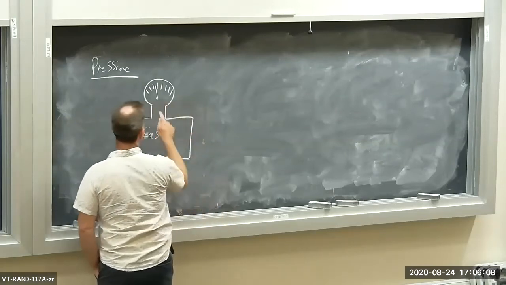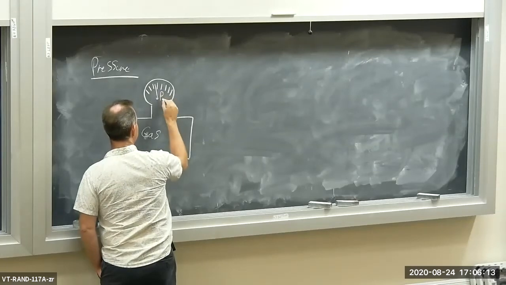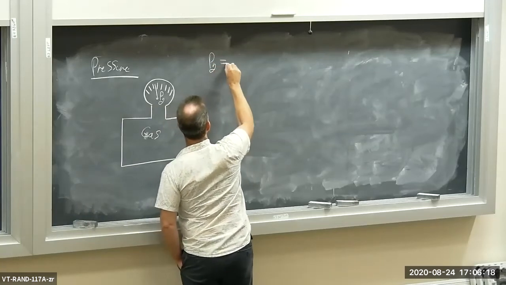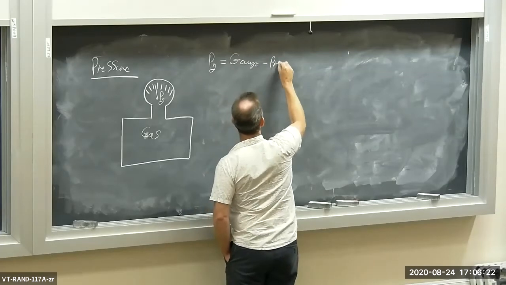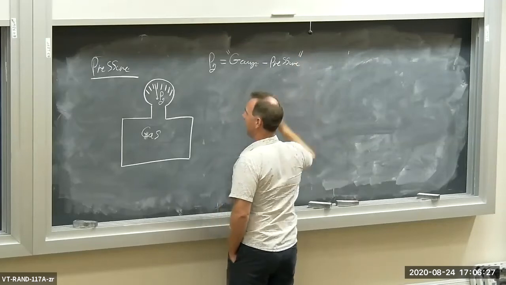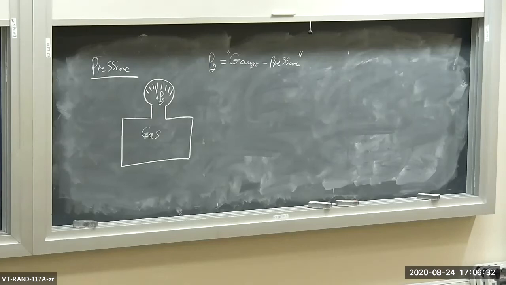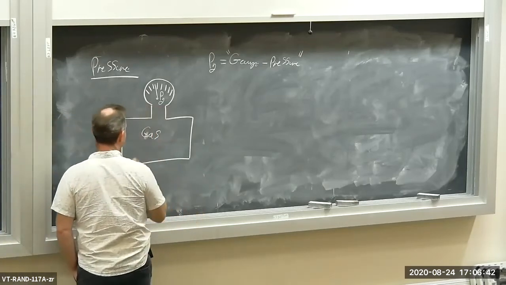There's the pressure measured by the gauge. So I'm going to write down here P sub G equals gauge pressure. That's the reading on the gauge.